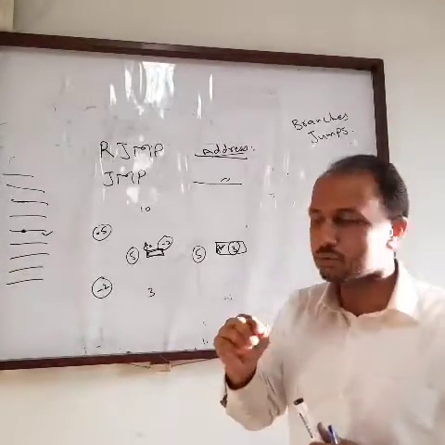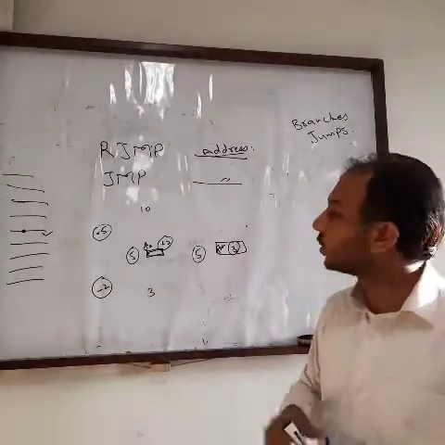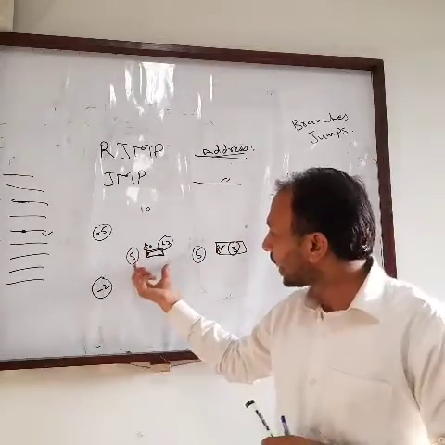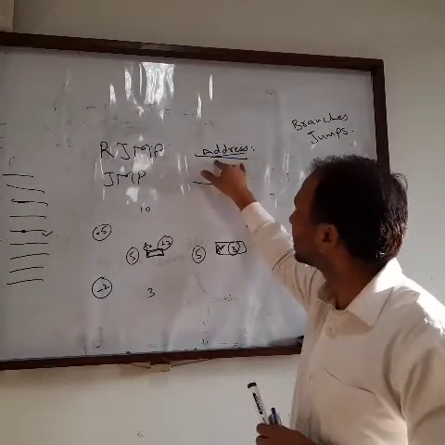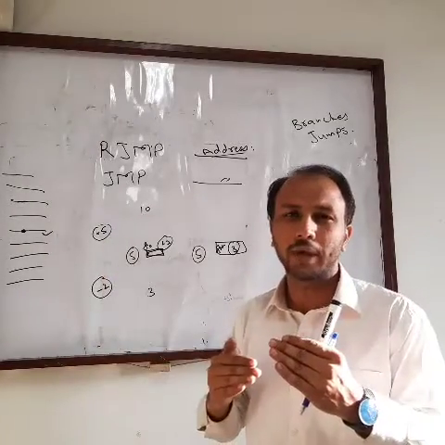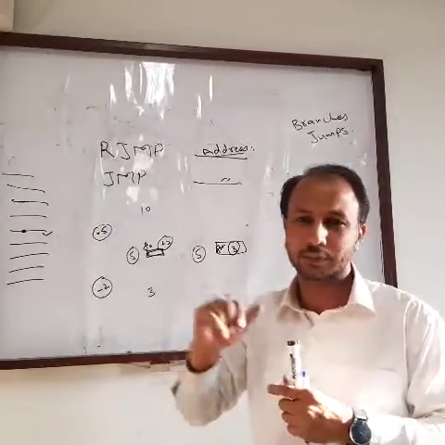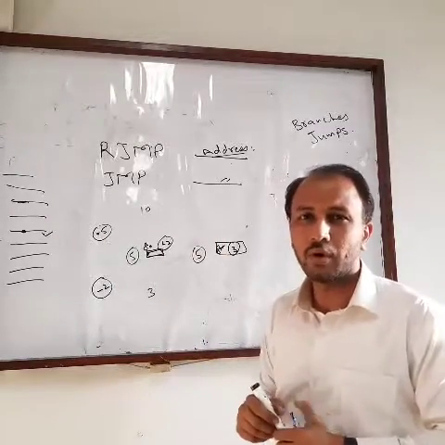So this is the difference. In relative jump, we tell the address in relative form, go forward or backward this many instructions.